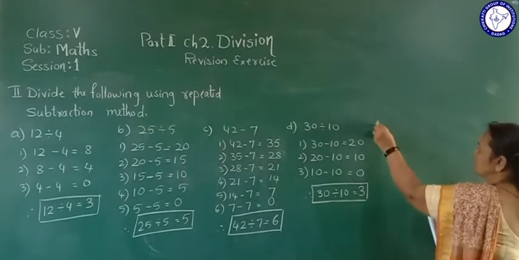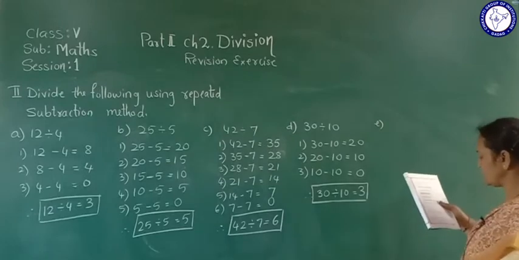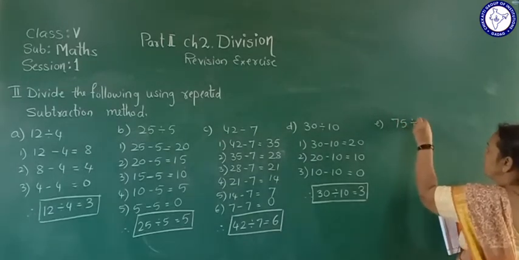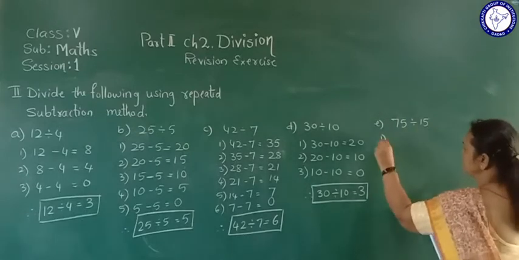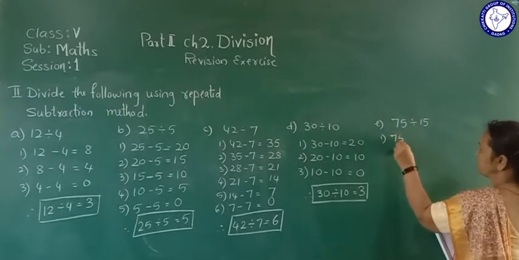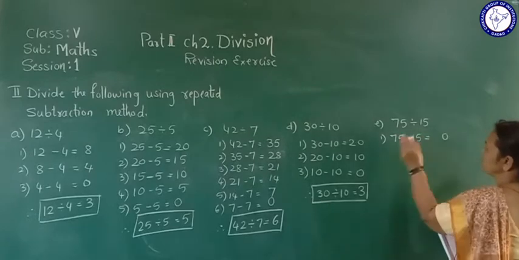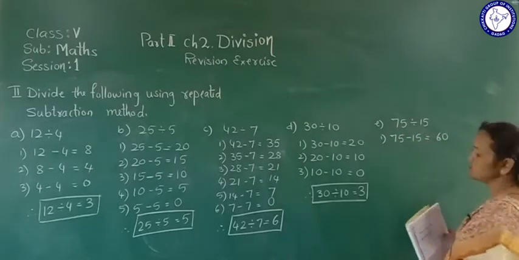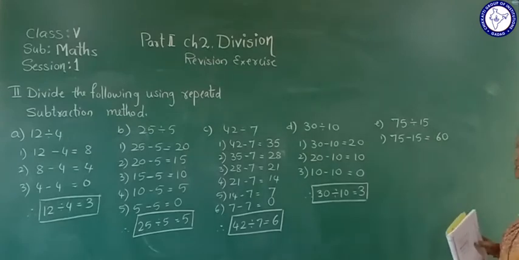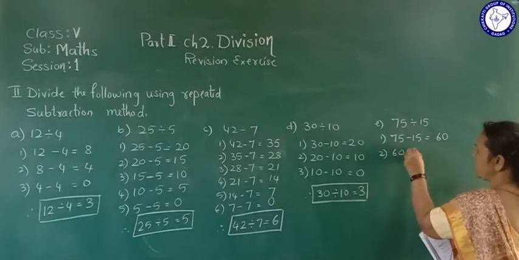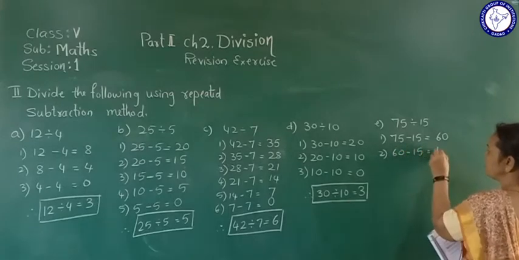Then E question. Here E question, what does it say? 75 divided by 15. So here first step, 75 minus 15. So here 5 minus 5 is 0, 7 minus 1 is 6. So 75 minus 15 is 60. Second step, 60 minus 15 is 45.